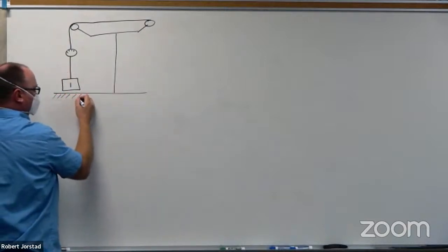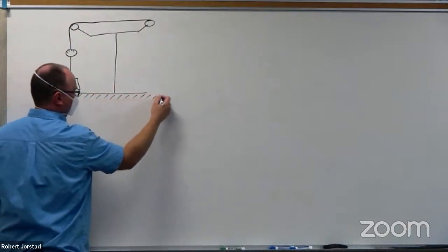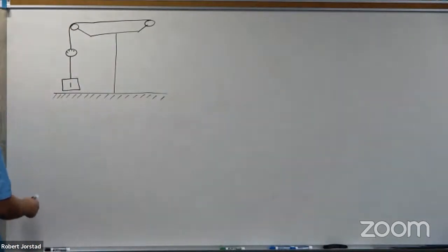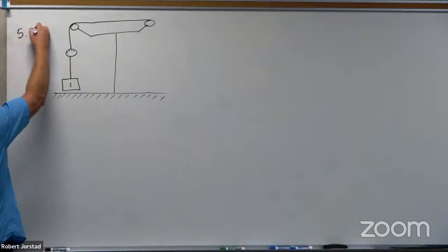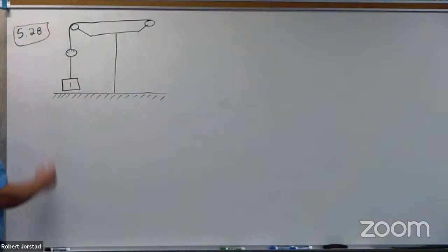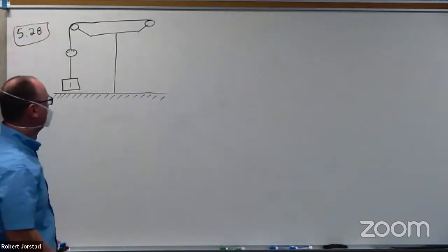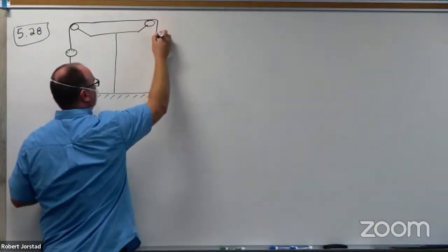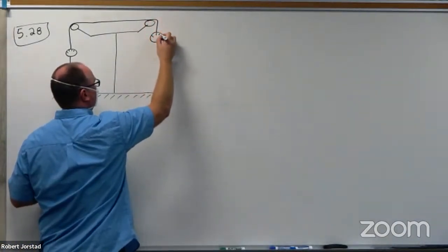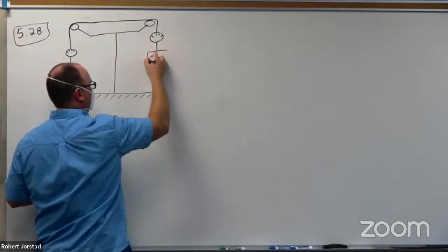This particular device is known as an Atwood's machine. That's not important. Names, whatever. Some people like names, I just don't care. Another scale here. And there's a hanging mass 2.